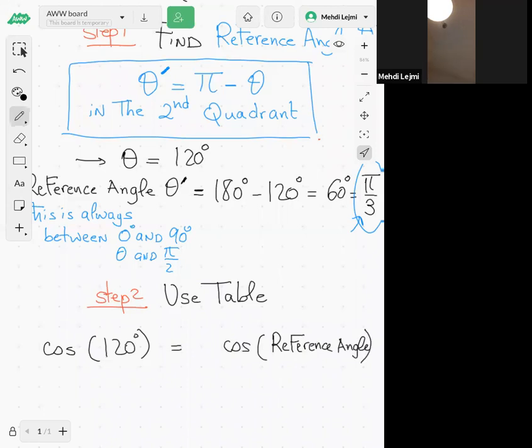But we need to adjust the sign, guys, here. As you said, we are in the second quadrant, so cosine is supposed to be negative. So here we need the minus because cosine is negative in the second quadrant.